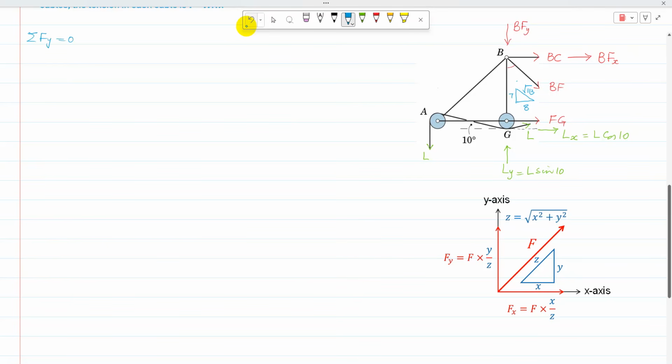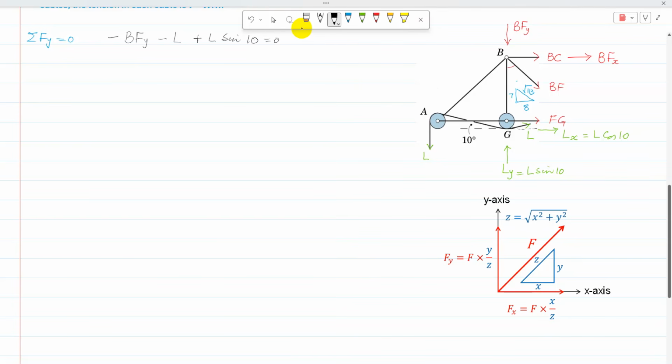So if I just use sigma Fy here, it is possible to find BF. Sigma Fy equal to 0: the first term is BFY, acting vertically downward, so it is minus BFY. Then the load acts vertically downward, minus L, and Ly acts vertically upward, which is L sine theta, with theta equal to 10 degrees, equal to 0.